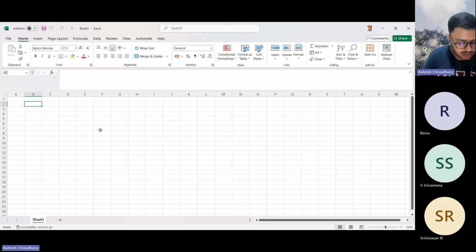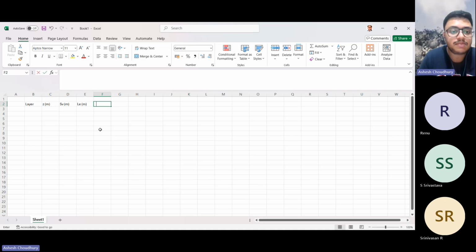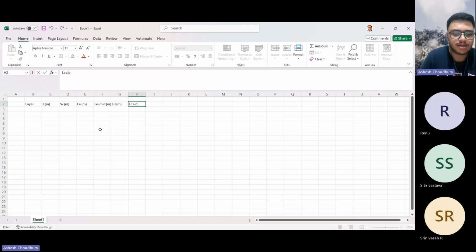First we have the layer number, then we have the Z in meters, that is the depth, then the spacing in meters, then the embedment length in meters, then the minimum embedment length that we have to consider, then the LR in meters, then the L calculated in meters, then the L required.